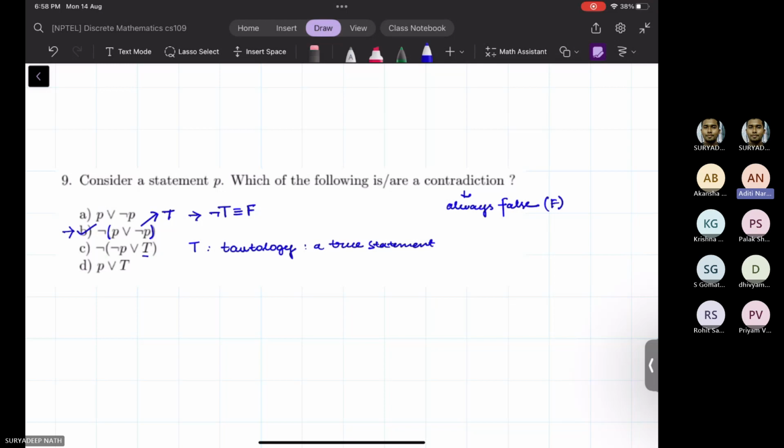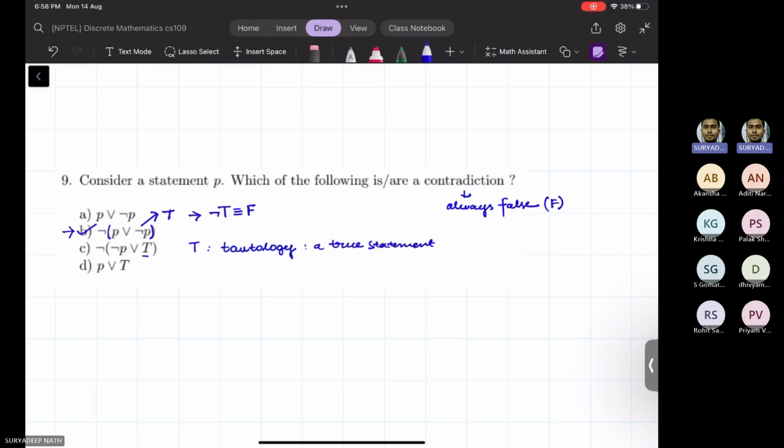Yes, sir. Because now also in the bracket it is a tautology. Right. If you take any statement and do an OR with a tautology, it will always be true, because for an OR statement, if one of them is true, the whole compound statement has to be true.